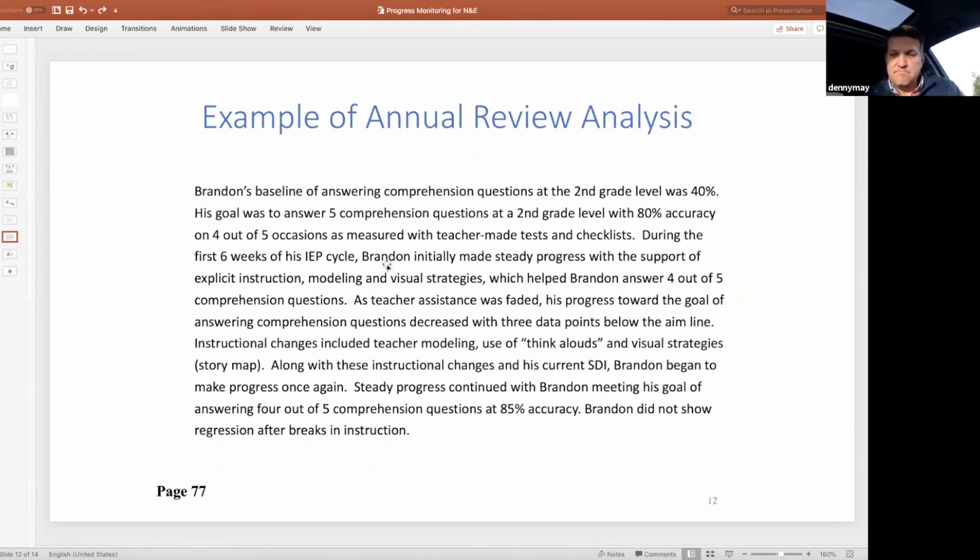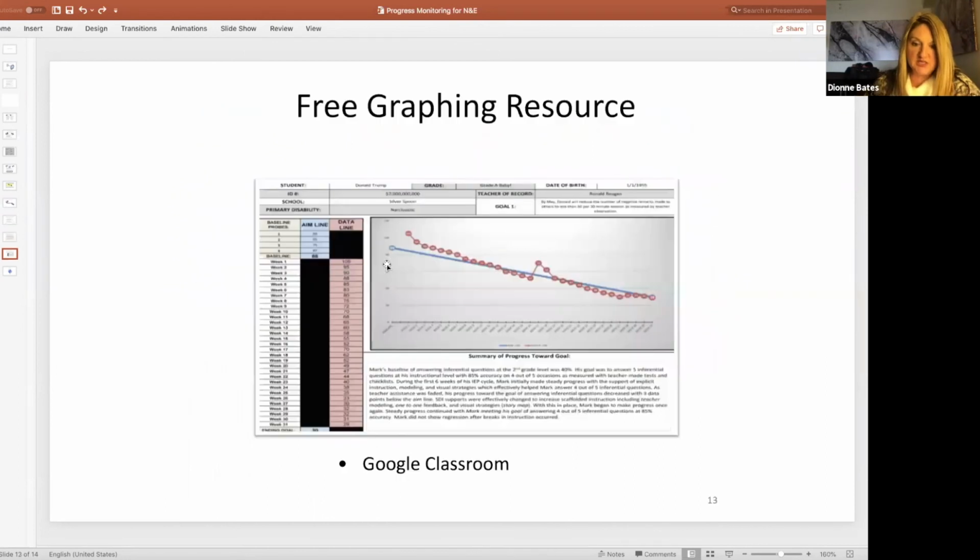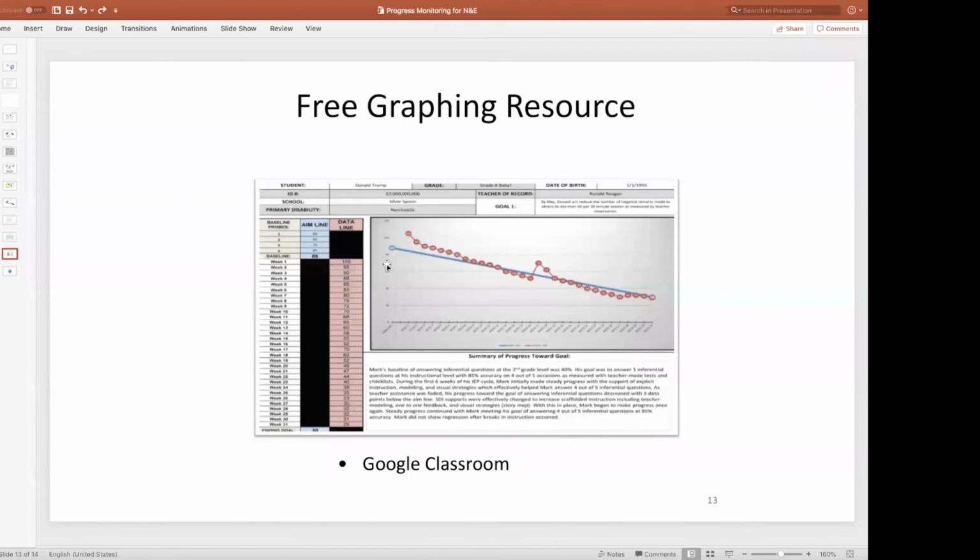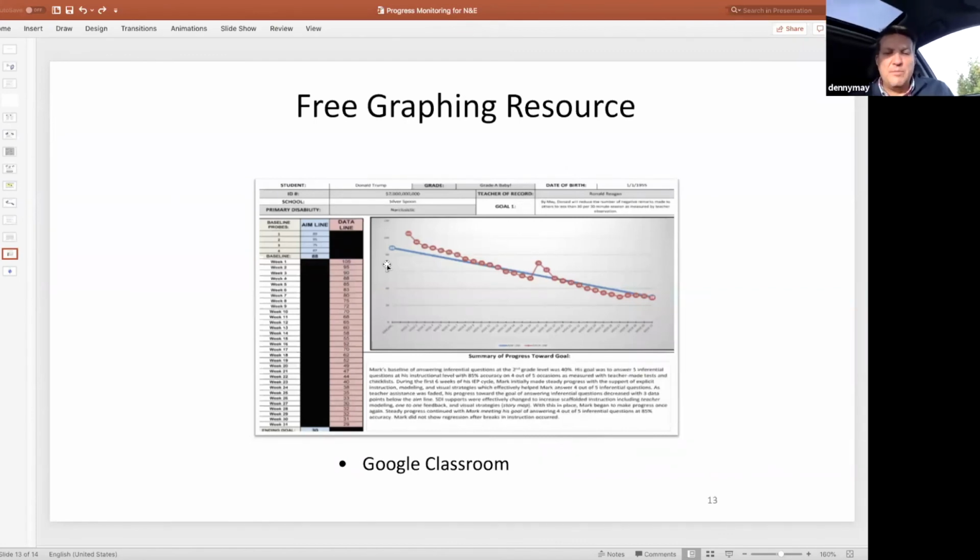So the next slide is a resource. This is an excellent resource to have for tracking the data and entering that data. This resource was created by a gentleman down in Morgan County. This is a free Google classroom-type document where you can enter your data and it graphs it for you, and then you have a place for your analysis.